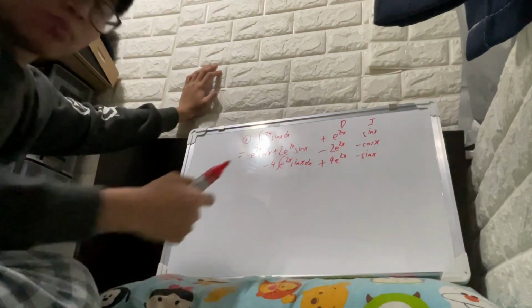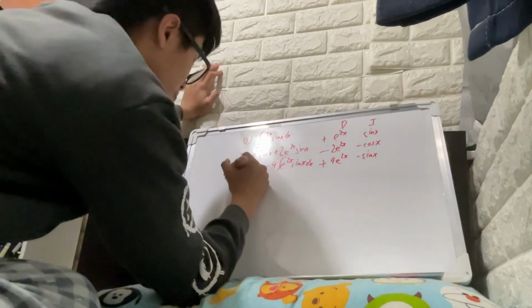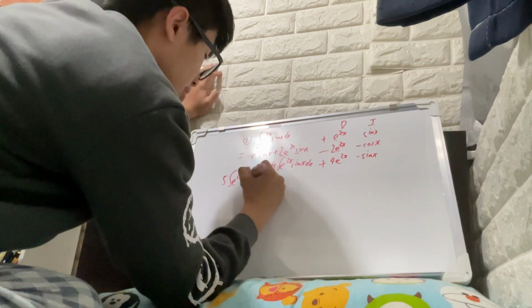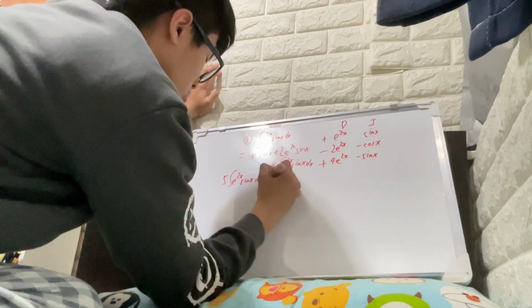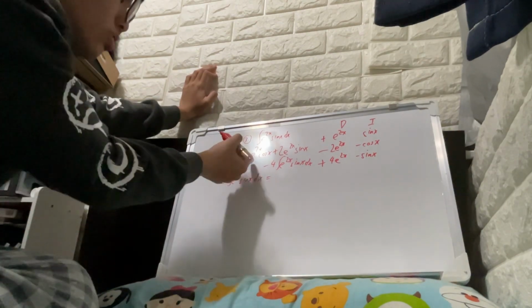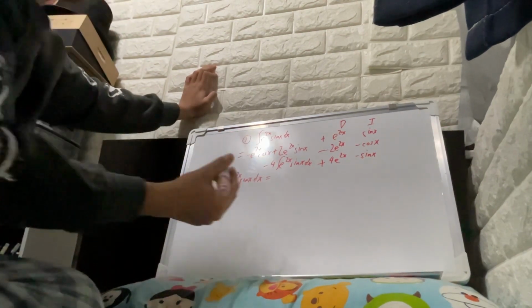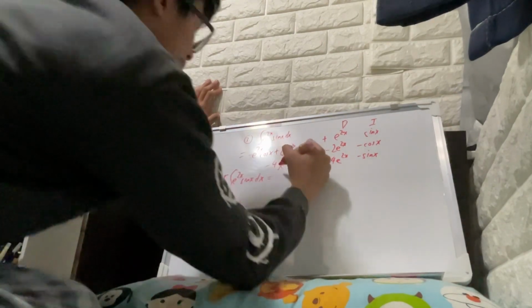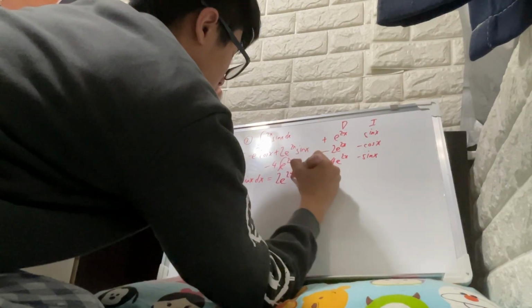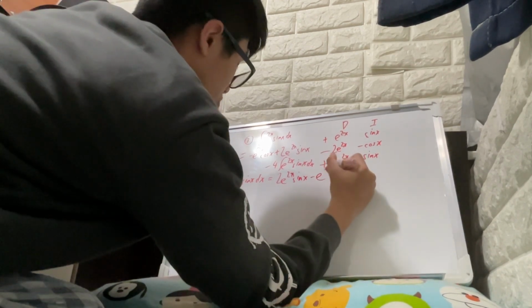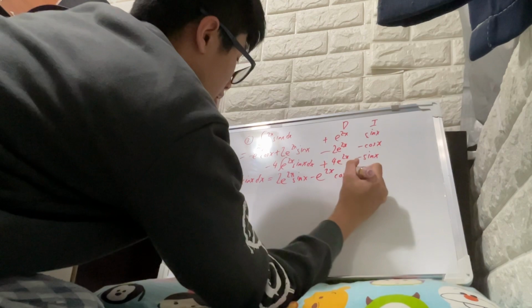So we can move it to the left-hand side, so 5 times the integral of e to the 2x sine x is the original. We can change the order, up to you. You can also write the negative in front, but I like to write the positive first: 2 times e to the 2x sine x minus e to the 2x cosine x.